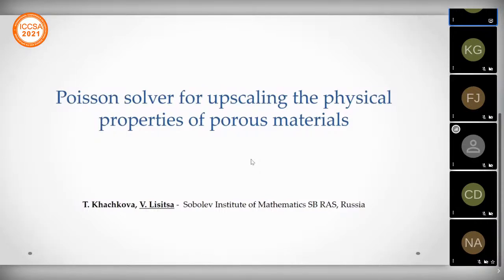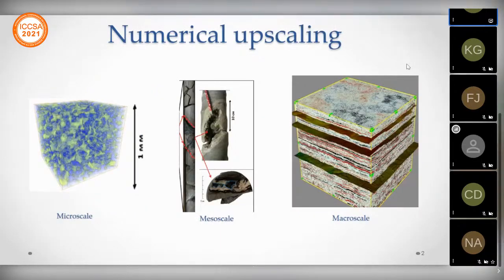That's why we are doing quite a lot of numerical work on that. And in our opinion, the Poisson solver is the main algorithm which should be implemented efficiently to do numerical upscaling.